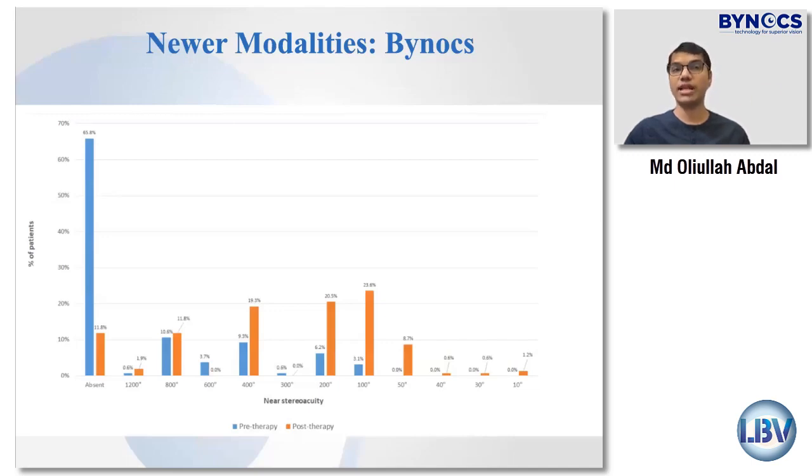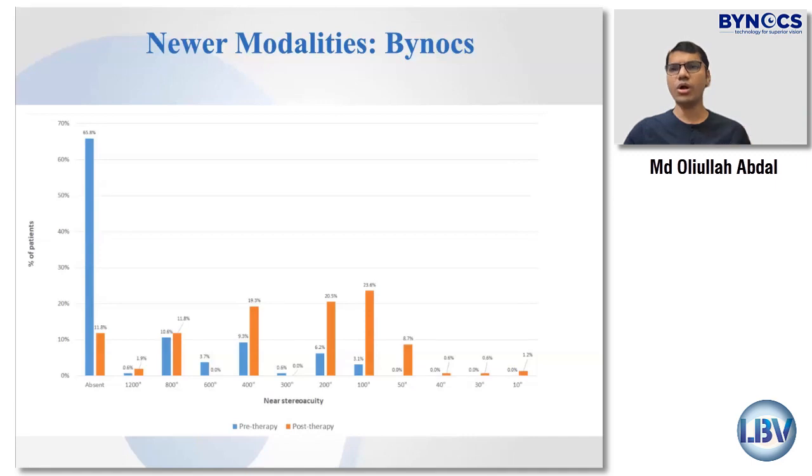If you look at the left side bar, overall 65 or 66% of patients do not have stereopsis to start with. It was absent, but at the end of the program, 90% actually developed it. So only 10% were still left by the end of 6 weeks.